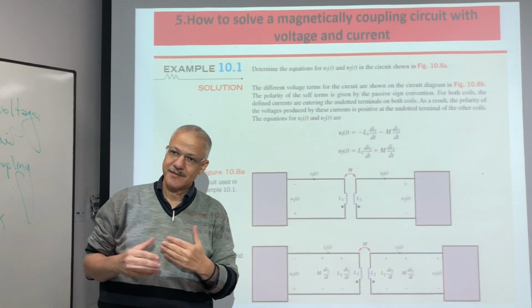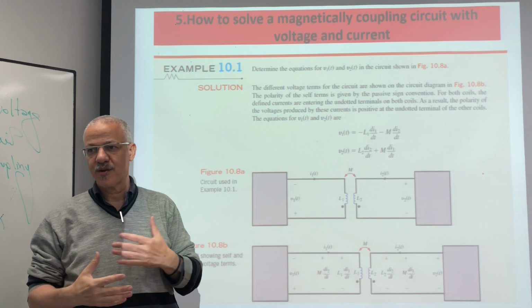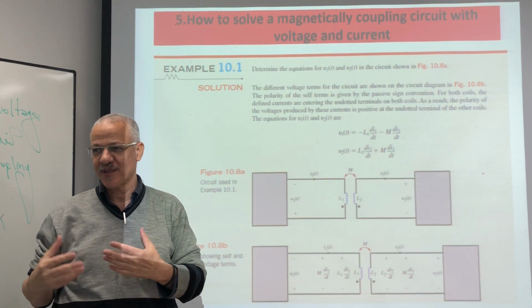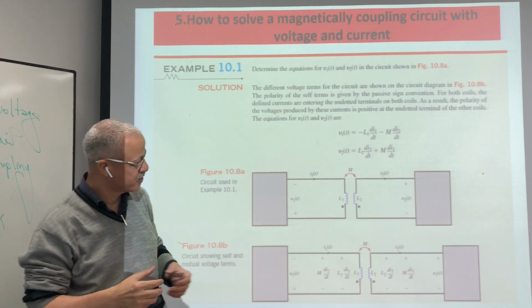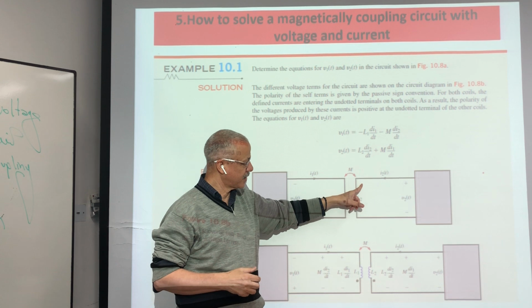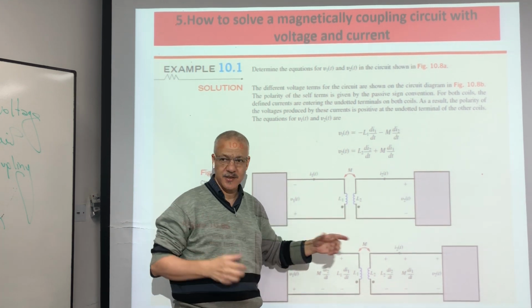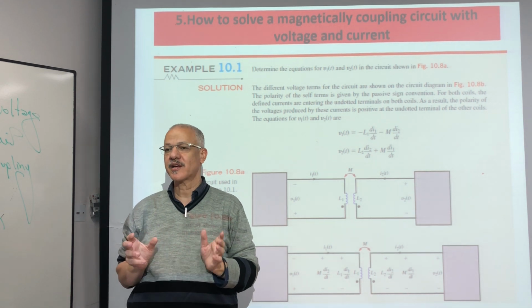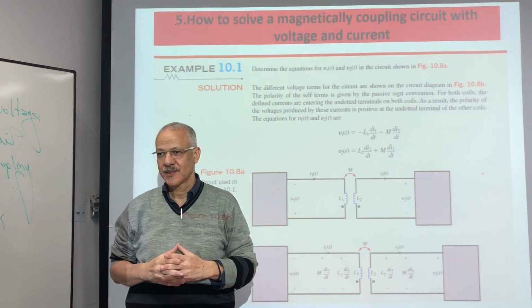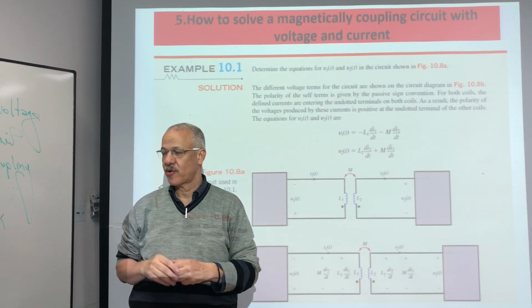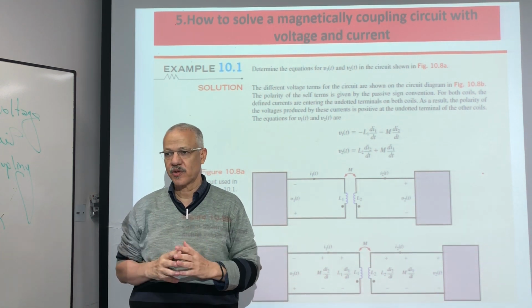But when Dr. Isa or Dr. Ibrahim or Dr. Mahmoud lay out the directions of the currents differently, for example, the current comes from here, and the dots are sometimes here and sometimes here, it will be totally confusing for you. So we have to learn a rule, and the rule can help us drive this circuit easily. So I will give you very straightforward rules.